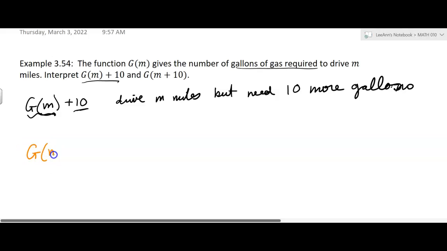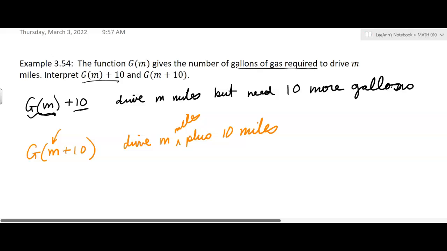G of m plus 10. Well, that's saying I already drove 10 miles and now I'm going to start driving more. So I'm going to drive m miles plus 10 more.